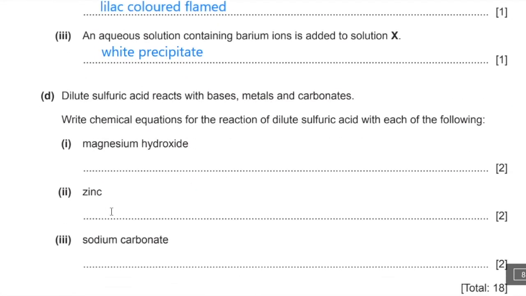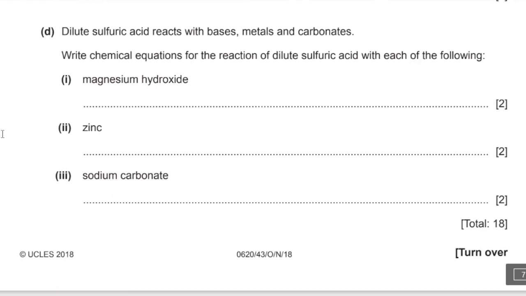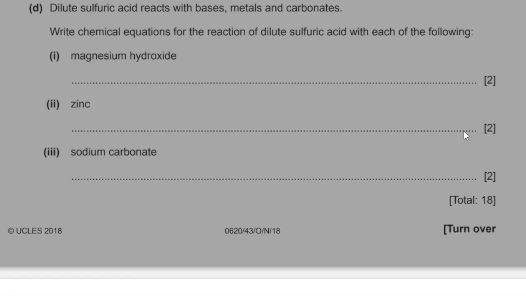D. Dilute sulfuric acid reacts with bases, metals, and carbonates. Write chemical equations for the reaction of dilute sulfuric acid with each of the following. Okay, so first off you have magnesium hydroxide with the acid.